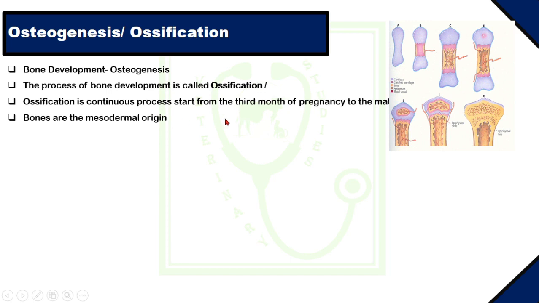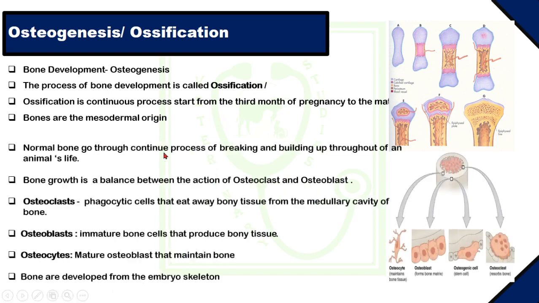As we discussed in our last slide, normally bones continuously break and build throughout the life of the animal. It means bone growth is a balance between the action of osteoclasts and osteoblasts. Now what are osteoclasts and osteoblasts? Osteoclasts are phagocytic cells that eat bony tissue from the medullary cavity of bones.